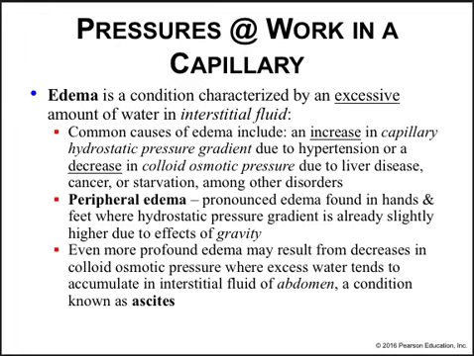And you might wonder, okay, well, how does that happen? An example would be an individual who's got a protein-poor diet, or somebody in liver failure. The result of both of those conditions can be a lack of albumin. The lack of albumin means that the colloid osmotic pressure pulling fluid back into the circulatory system is reduced. The result is that the fluid tends to leave the blood and enter the surrounding tissues.